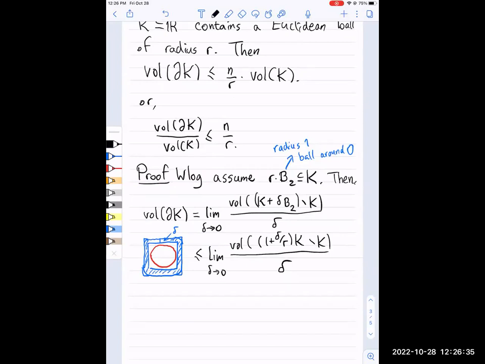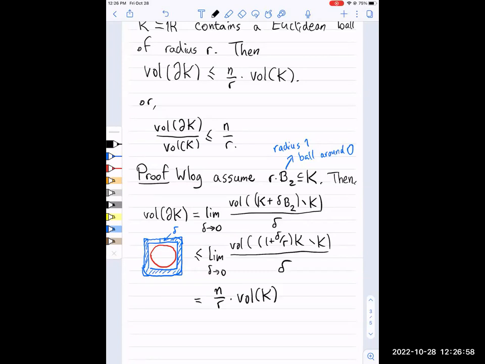And this is now very easy to compute, right? Because it's a convex body. So if you scale it, the volume just goes up as you would expect. Right? The volume goes up by 1 plus delta over R to the power n. That's what happens with scaled convex bodies. So this just gives me exactly n over R times the volume of K. Right?